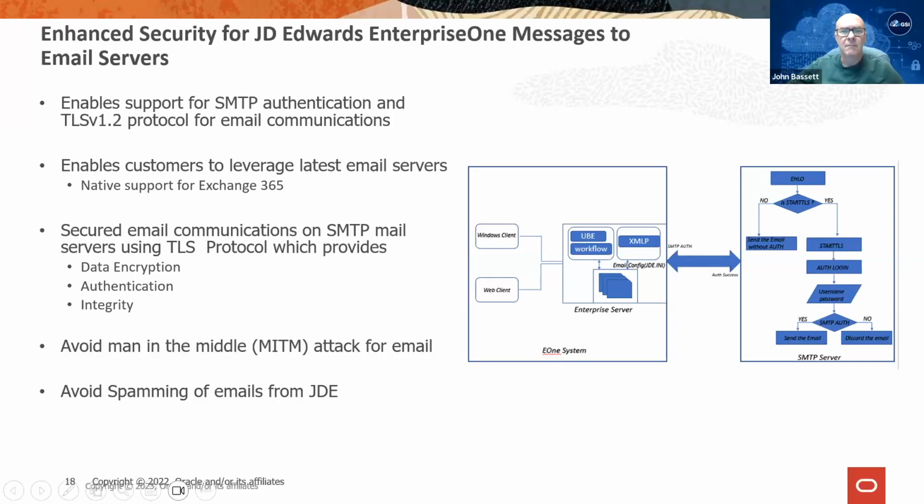So like John said, the whole idea was from as a JD Edwards security lead, a lot of customers have been asking for this for years and years to secure the traffic so that we do not allow sniffing of emails from the JD server to email servers. So we implemented a new feature, which was released with 9.2.7, release 23, to encrypt the pipe between the JD Edwards server and the email server.